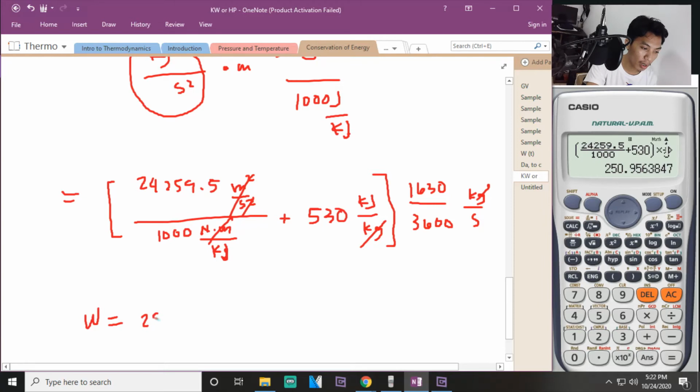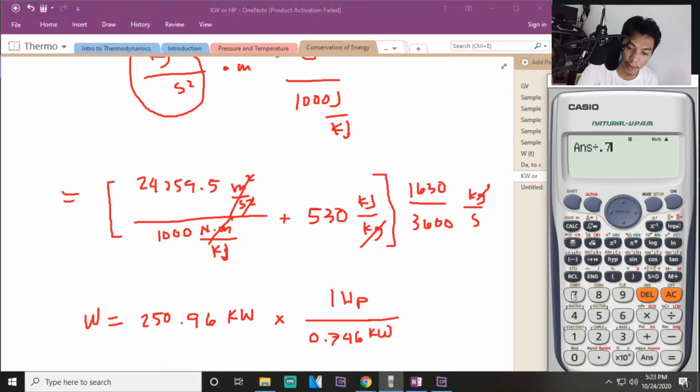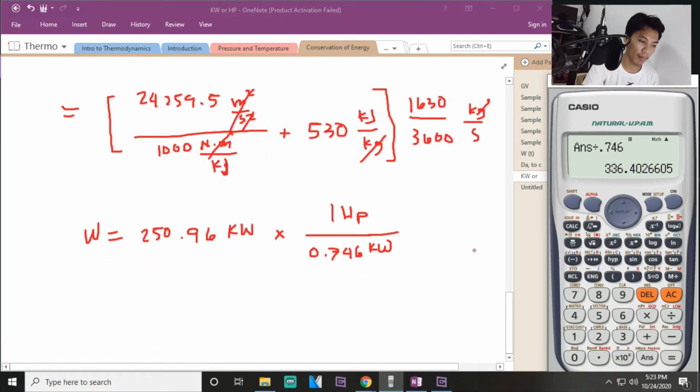Positive. 250.96 kilowatts. Convert natin ng HP. Divide na lang natin ng 0.746 kilowatts per 1 HP. Yun. Divide natin ng 0.746 to make it into HP. So, ilang horsepower?